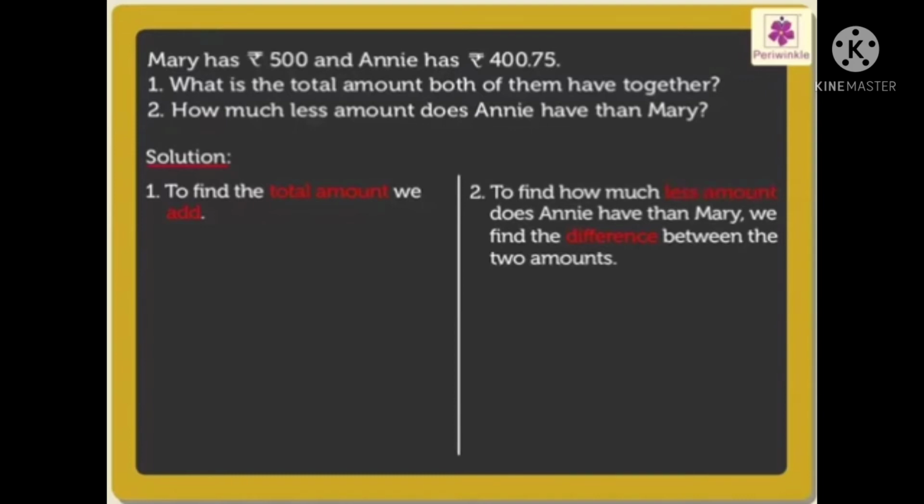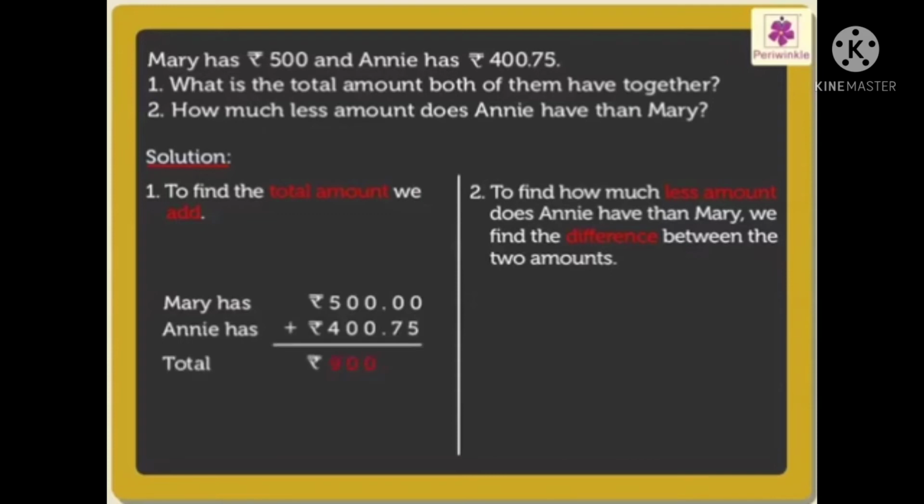To do this, let's write the statements first. Mary has 500 rupees. Annie has 400 rupees 75 paise. So, by adding, we get the sum as 900 rupees 75 paise.